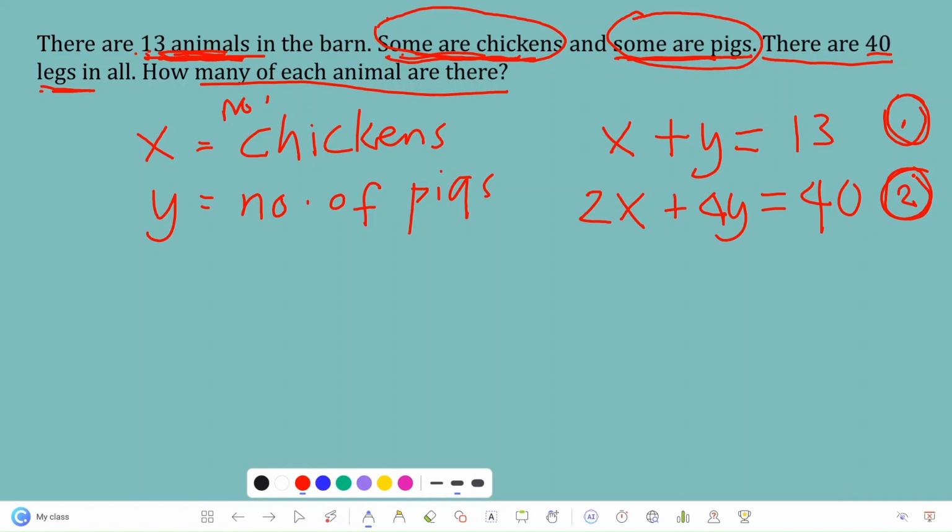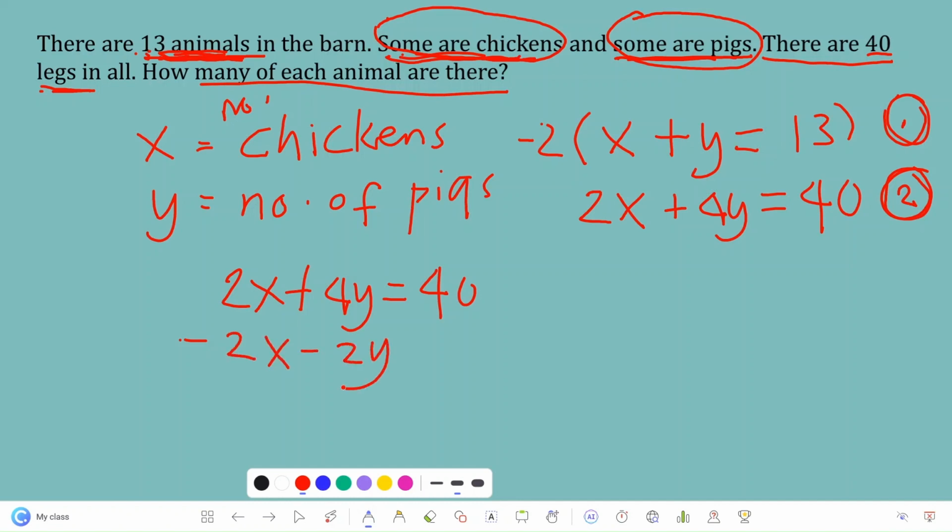So, you have here 2x, this is equation 2, 2x plus 4y is equal to 40. Kapag minultiply natin to sa negative 2, we will have negative 2x minus 2y is equal to negative 26.